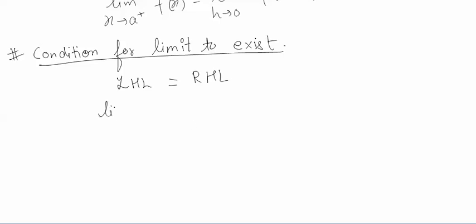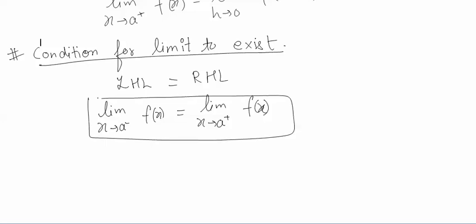Or you can say mathematically, limit x tends to a minus f(x) should be equal to limit x tends to a plus f(x). If this is true, then we can say the limit exists at point x equals a.